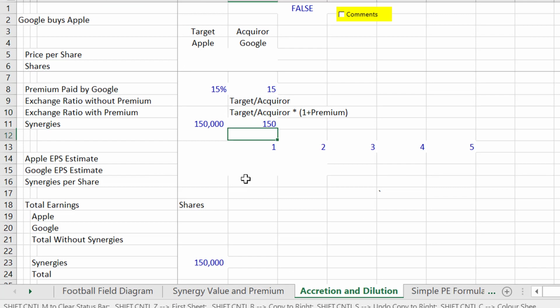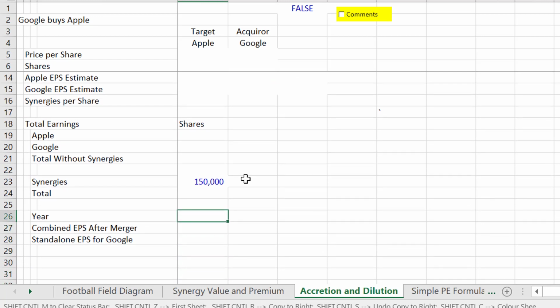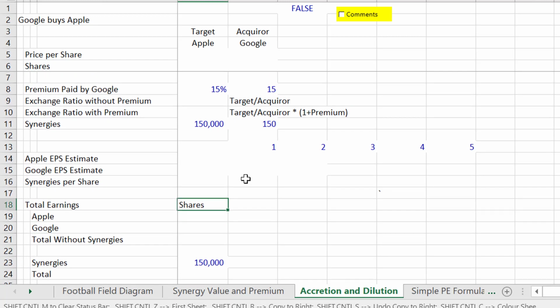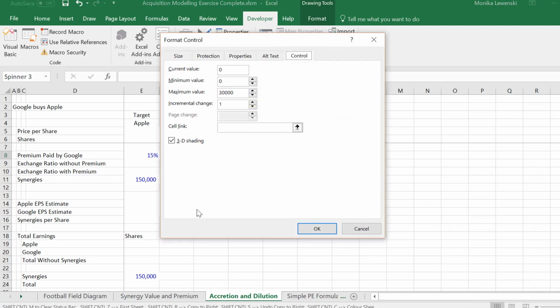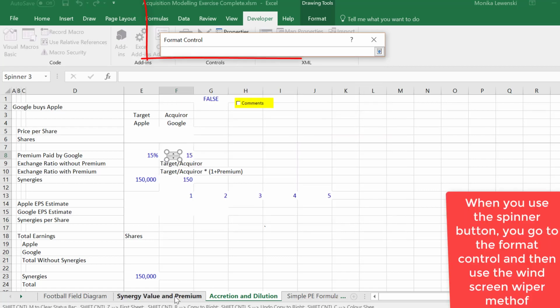This time we're going to put no synergies in, and we're going to see what happens to the earnings per share on a combined and standalone basis, and we're going to do a little bit of graphing and put some gimmicks in, like spinner buttons. And I'm going to say, let's put a 0% premium up to, I don't know, a 70% premium. And we've got to go back and forth.